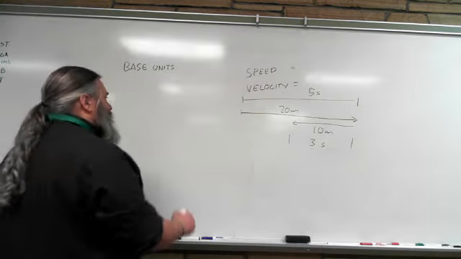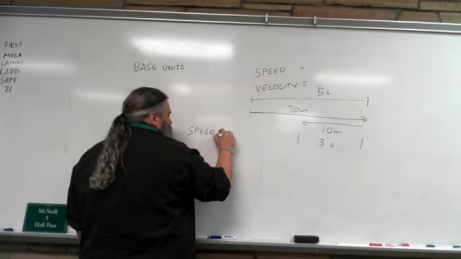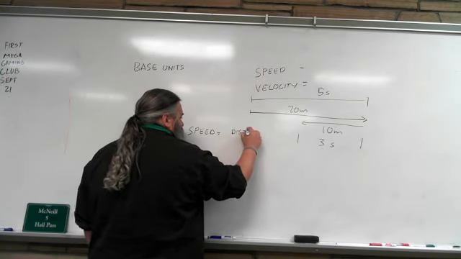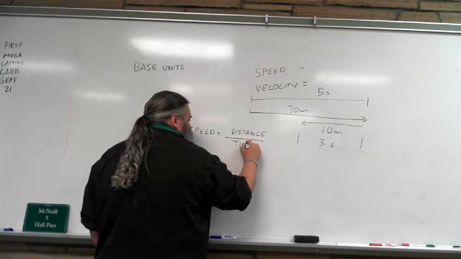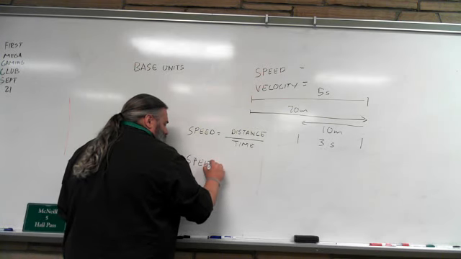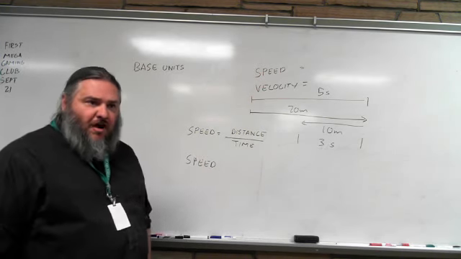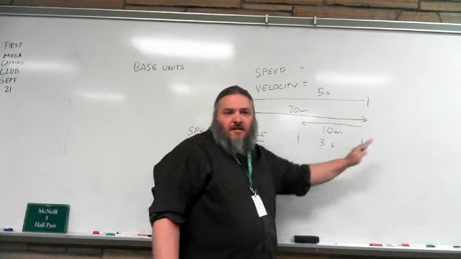So its speed is distance over time. So that means, how much distance did that car travel in that given amount of time? It went 20 and then 10.